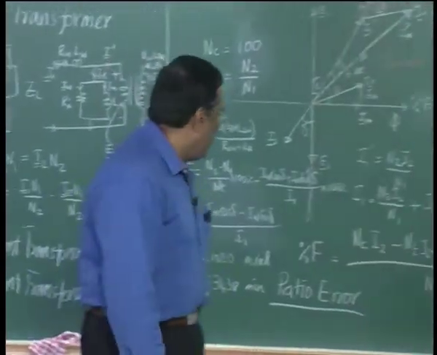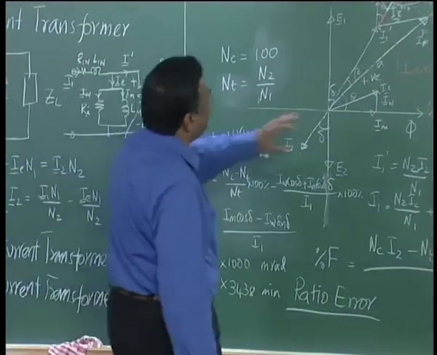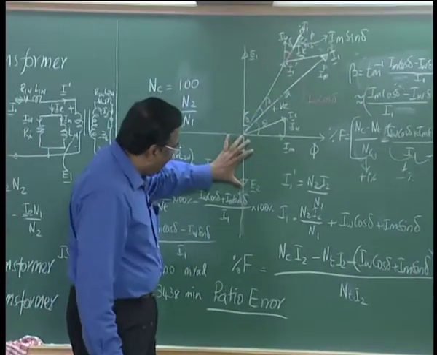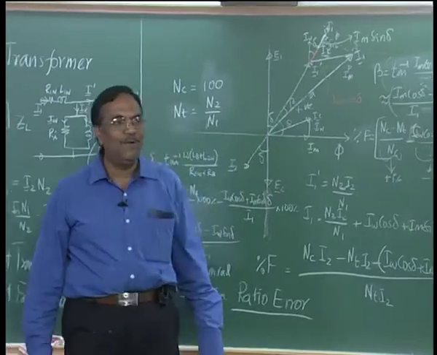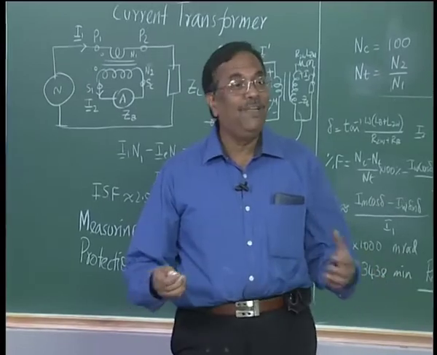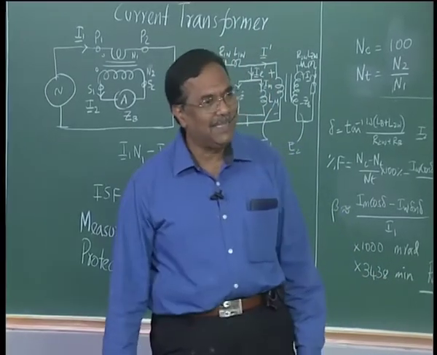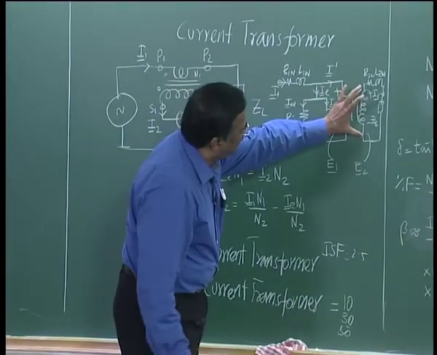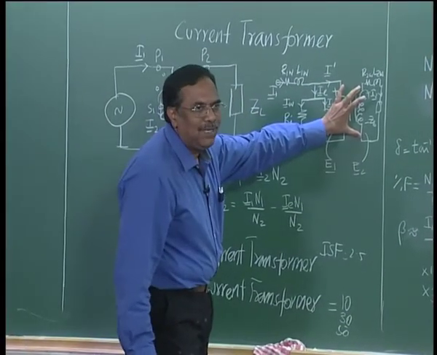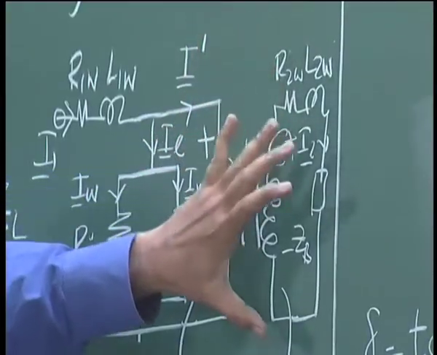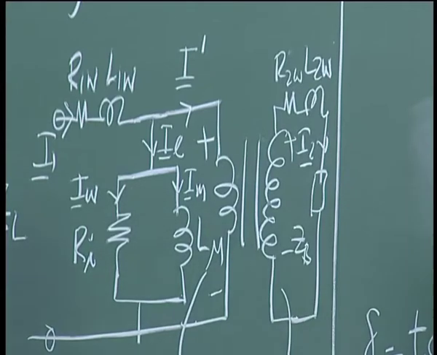Because all of us know that the excitation current depends upon the induced EMF. If the induced EMF is large, excitation current has to be large. If induced EMF is small, the excitation current is small. What is the induced EMF? E1 or E2? E2 is I2 multiplied by Z2, where Z2 is Z winding plus ZB, right.